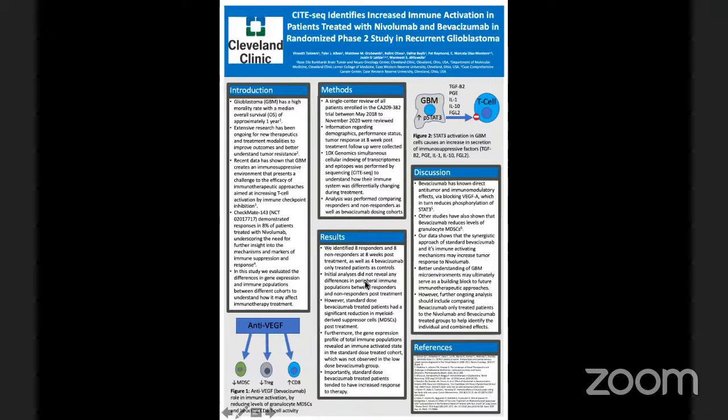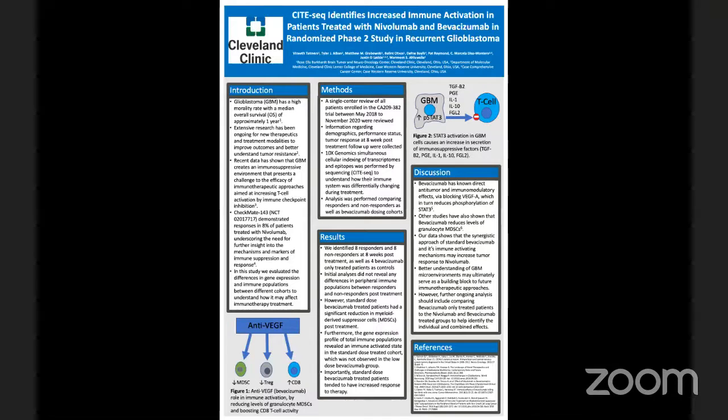Okay. So my name is Vineeth Tatineni, and my project is titled Single-cell Sequencing to Identify Increased Immune Activation in Patients Treated with Nivolumab and Bevacizumab in a randomized phase 2 study for recurrent glioblastoma. So our project involved looking at glioblastoma microenvironments and differences in gene expression depending on therapy.